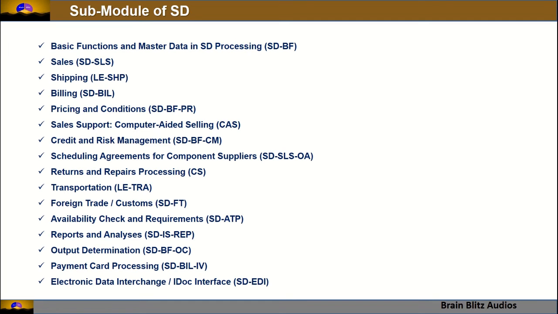Then we have another submodule called credit and risk management. This again integrates with finance. For example, when you onboard a certain customer, you define a certain credit limit. Say you have a credit customer, company ABC, and you tell them that you will give them $10,000, that is their limit. So you can sell product until 10,000 is reached. If an order is created for more than $10,000, then you will not be able to release it.